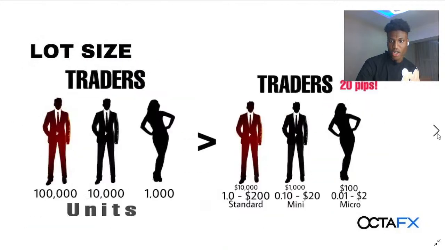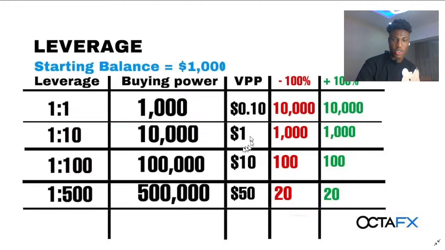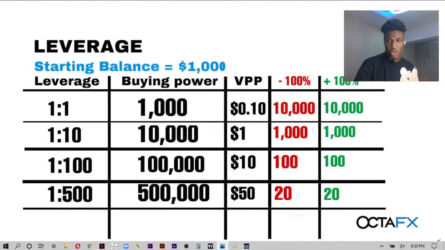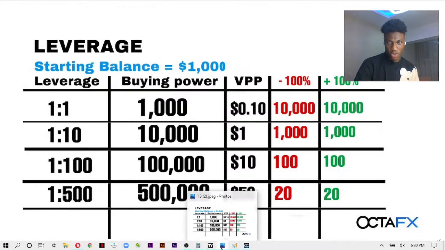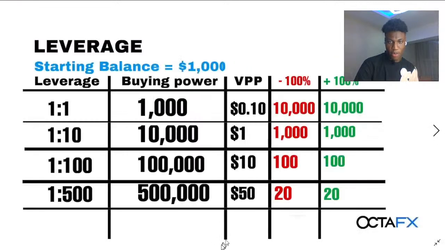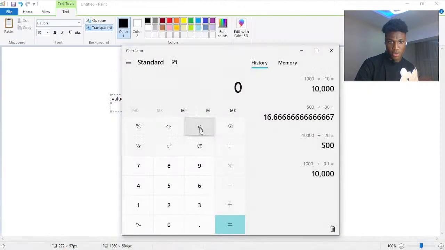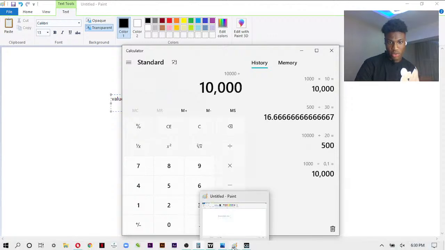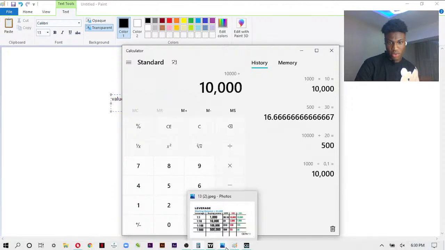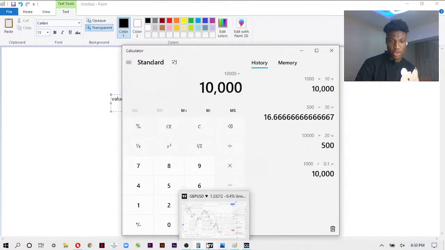A mini lot. Now the value per pip is going to be $1. Remember, how do you know the amount of pips it's going to take you to either double your trading account or lose your trading account? You do the starting balance divided by the value per pip.